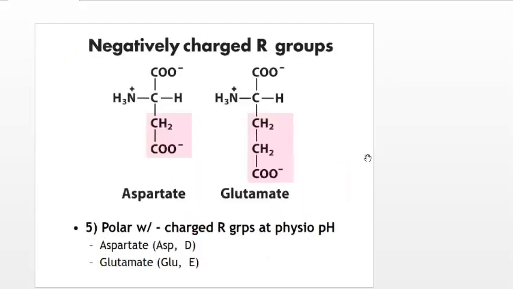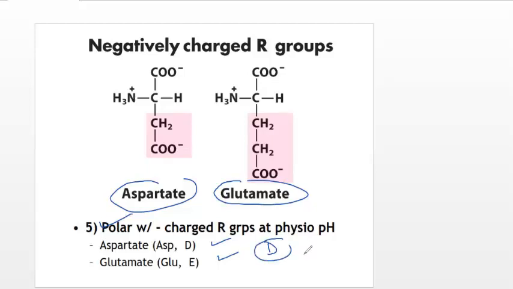Okay. The next one is aspartate and glutamate. They have the carboxyl group, which has a negative charge at physiological pH. Aspartate is written as D. If anywhere in the protein structure D is written, you will assume it as aspartate.